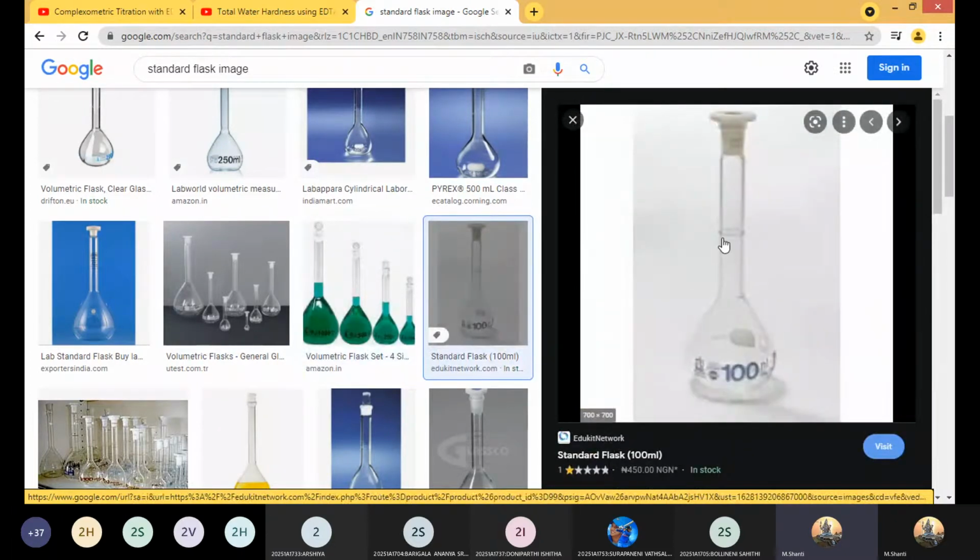In this image you have very good clarity regarding the level. So this is the level up to which you add your distilled water. Just take this flask, transfer your salt, add little quantity of distilled water, dissolve the salt, and then add the remaining distilled water till this mark, so that you can prepare a 100 ml standard solution.